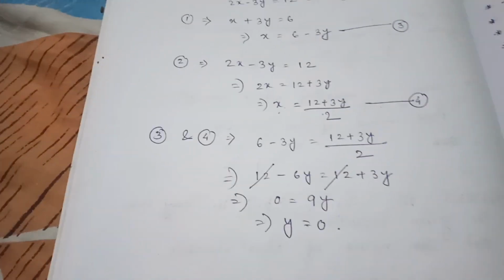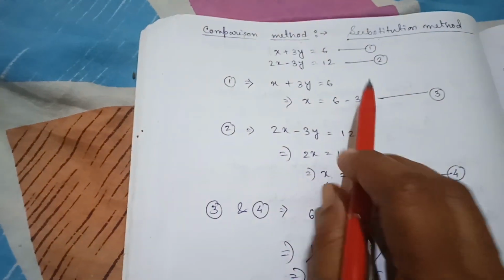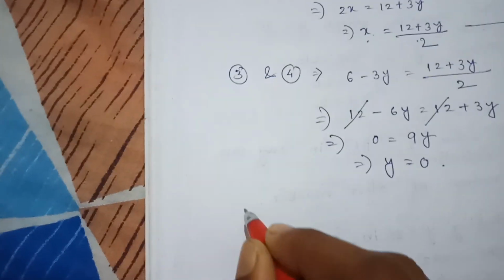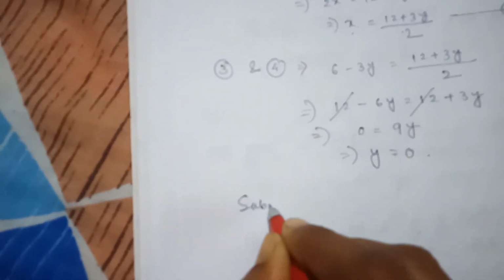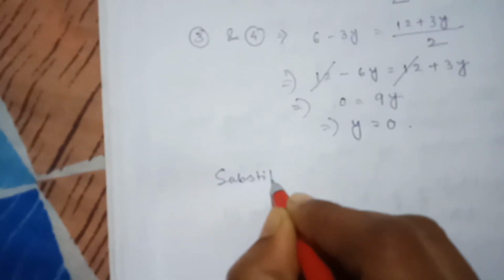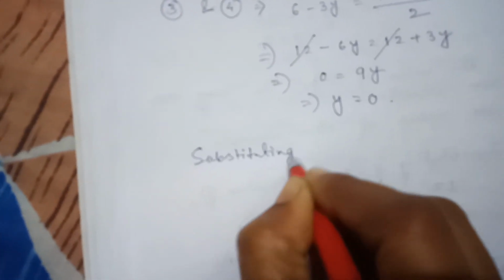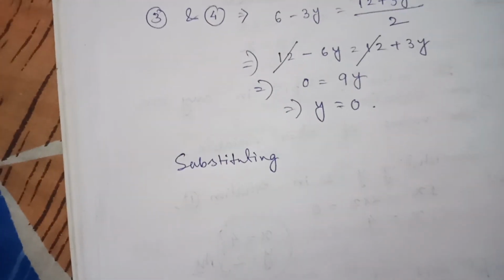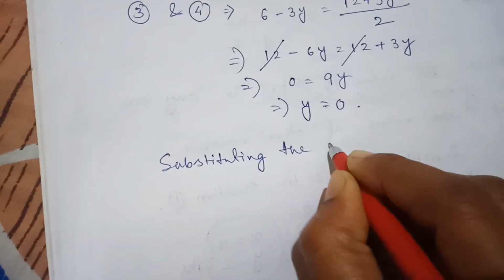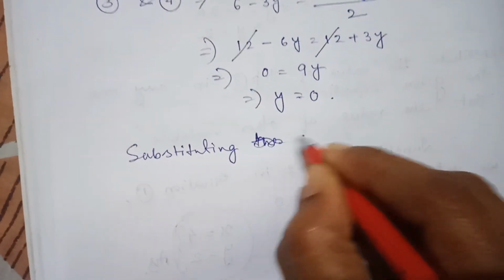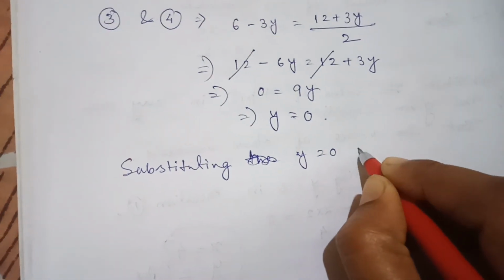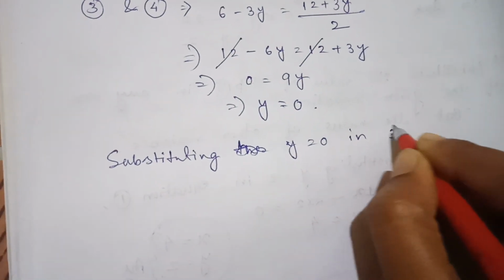Once we have got one variable's value, then we can perform the same part as the substitution method. That means substituting y equals to 0 in 3.